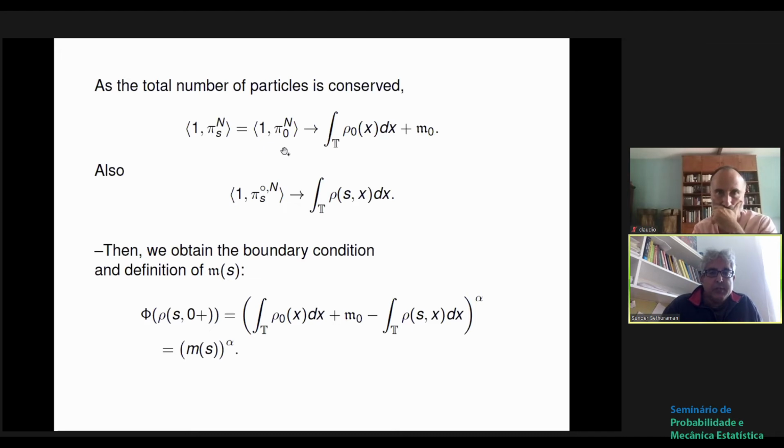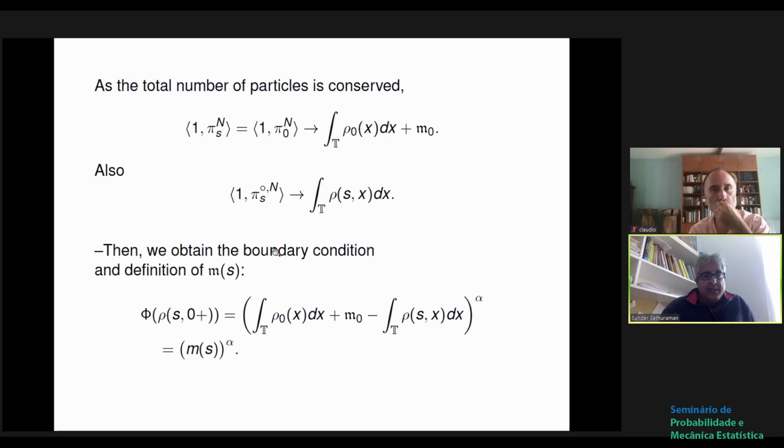And then this one is exactly this, as that's how we chose the mu n. Let's say the mu n is associated to this initial profile, rho naught plus m naught times delta at 0. Then, away from the slow site, we should get the density on the open interval.